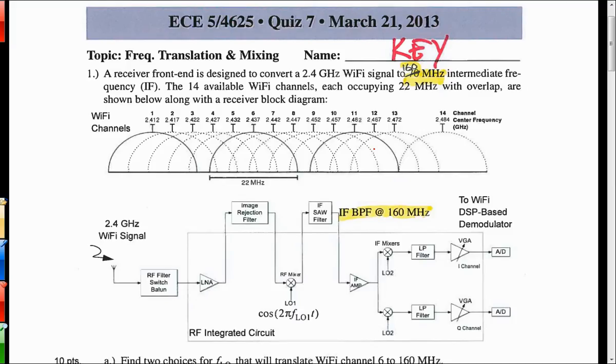And I changed it in the block diagram, but I left it in the text. So that made, remember when a lot of you left here, I had announced that, and then I realized I messed that up. So there's 2 different solutions. The 160 is the first page here, and the 70 is on the second page.